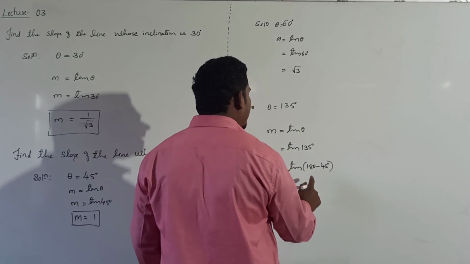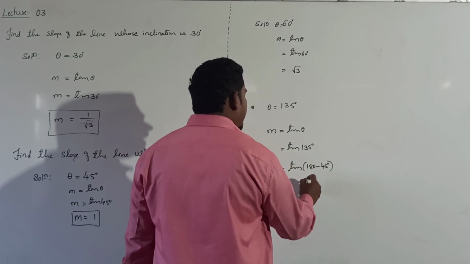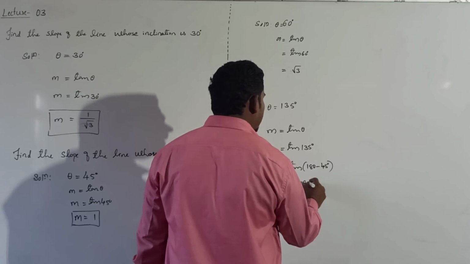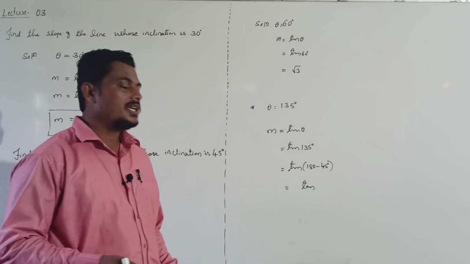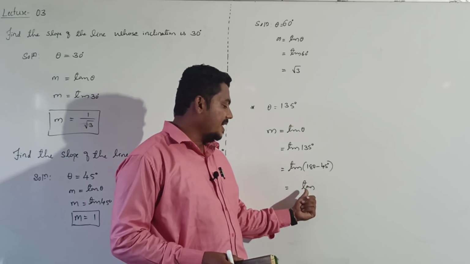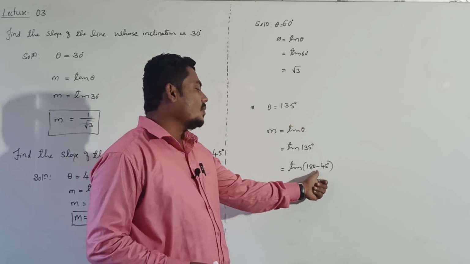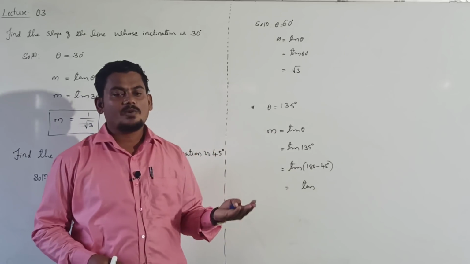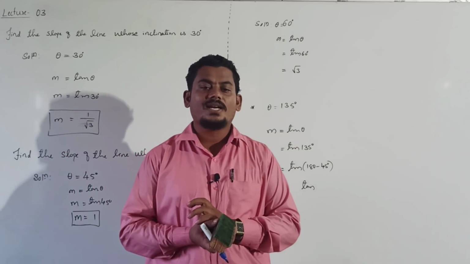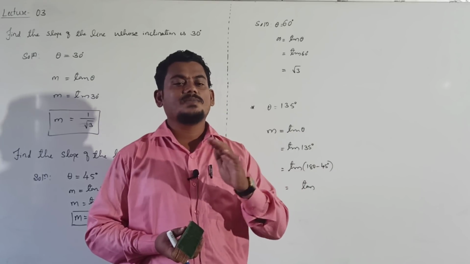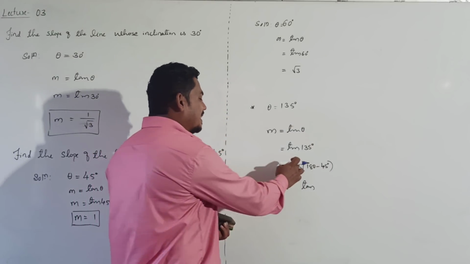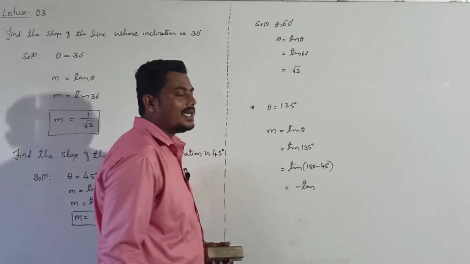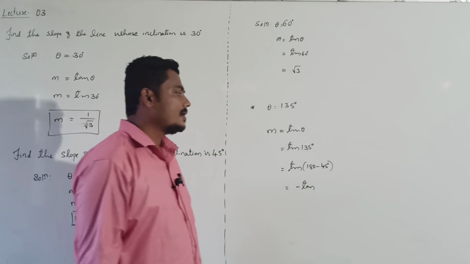Tan of 180 minus 45, ratio remains same, means tan is tan only, ratio will not be changed. Tan of 180 minus something quantity, 180 minus 45 means which quadrant? 180 minus something value means clearly second quadrant. Second quadrant, whether tan is positive or negative, clearly negative by using ASTC rule.